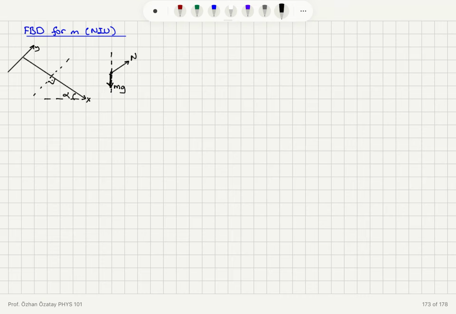You can see that the normal force would make an angle alpha with the vertical axis. This is 90 minus alpha, so you would see that this is alpha. So it makes an angle alpha with the vertical. So these are the two real forces acting on m.